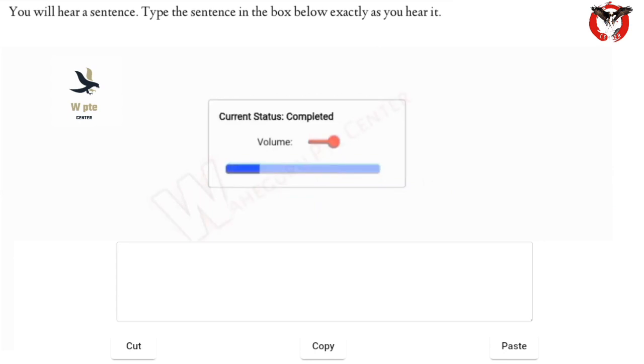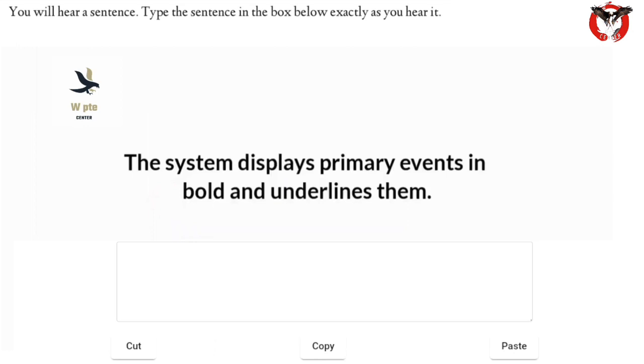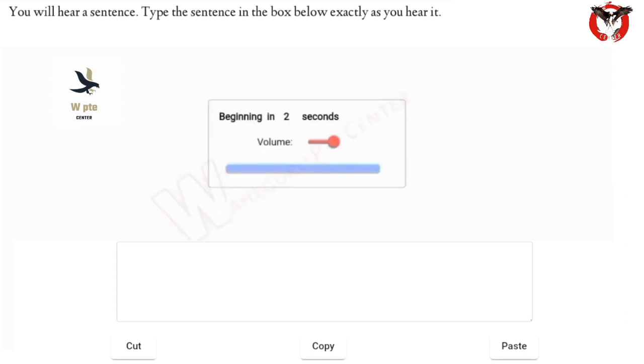The system displays primary events in bold and underlines them. This line listing does not restrict cases based on reaction terms.